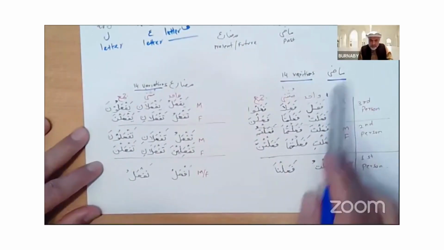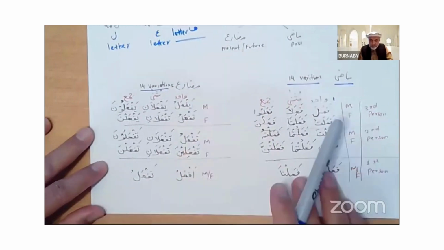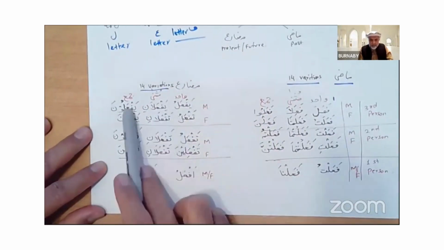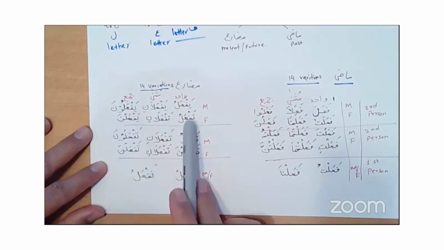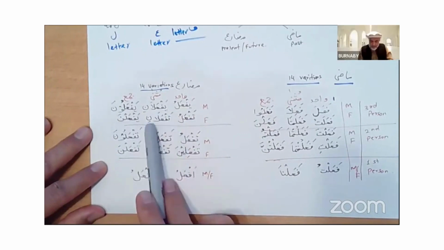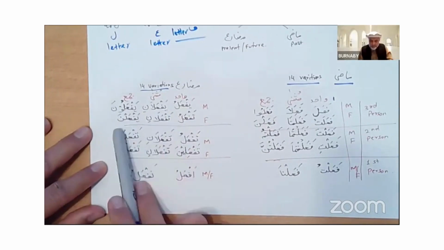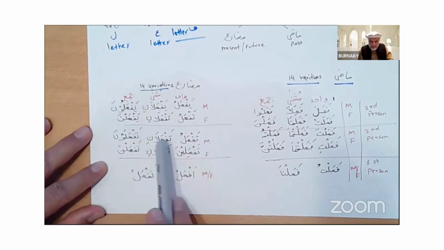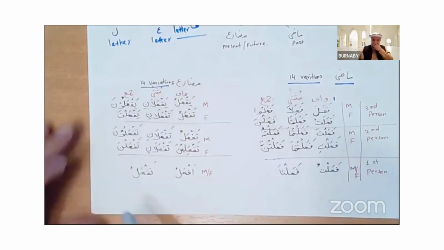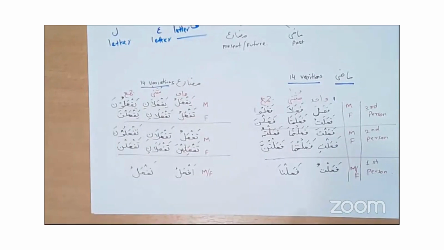When you do the same pattern in Mudare, you say yaf'alu, yaf'alani, yaf'aluna, taf'alu, taf'alani, yaf'alna, taf'alu, taf'alani, taf'aluna, taf'alina, taf'alani, taf'alna, af'alu, naf'alu. Making sense?